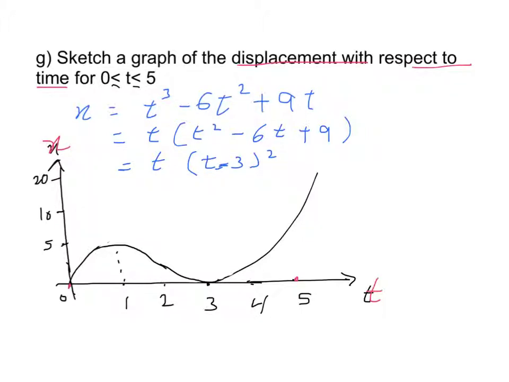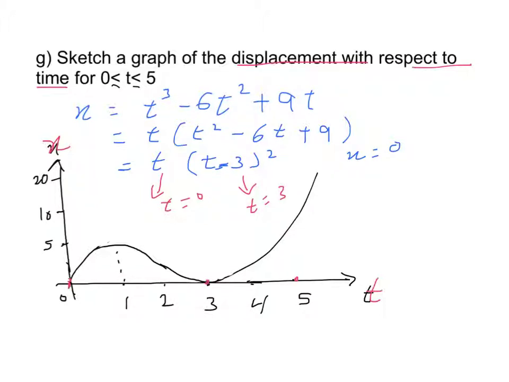So from that, if we substitute for x equals 0, you will end up with t equal to 0 or t equal to 3. So that means the displacement is equal to 0 when t is equal to 0, which you can see here, and when t is equal to 3.